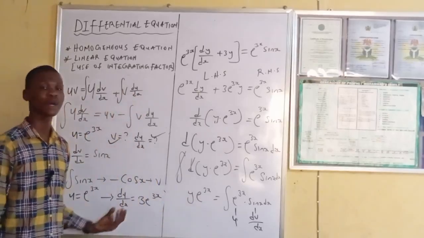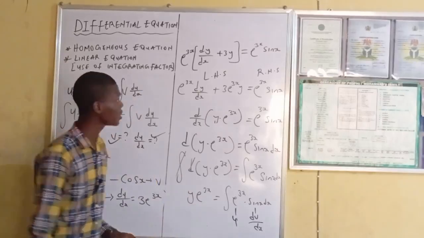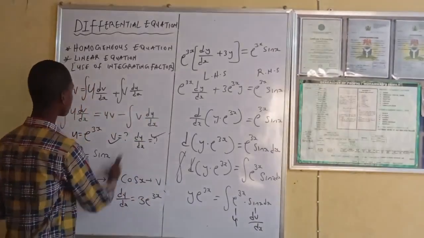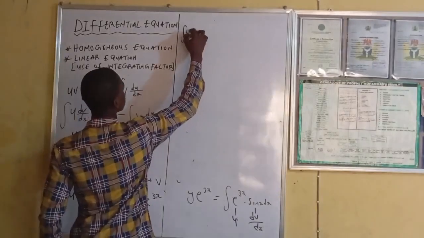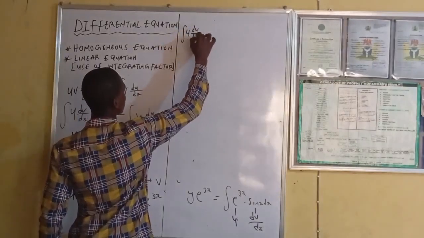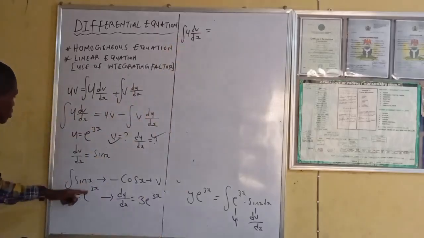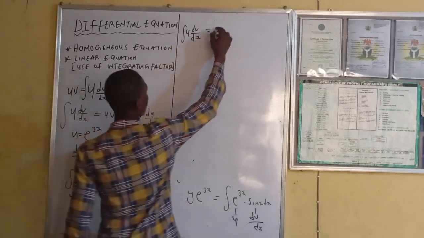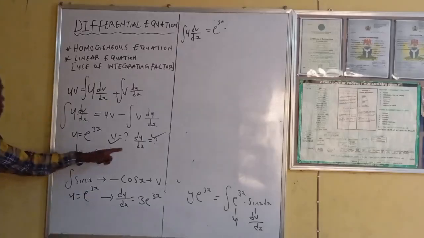So you have to be a master of your differentiation and integration. Okay, let's solve this. Substitute your respective values into this. Integral u dv over dx is equal to, what's my u? My u is given, that's exponential 3x dot, what's my v?